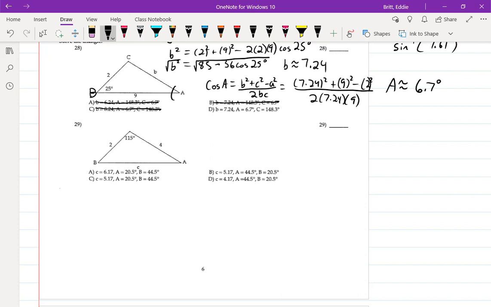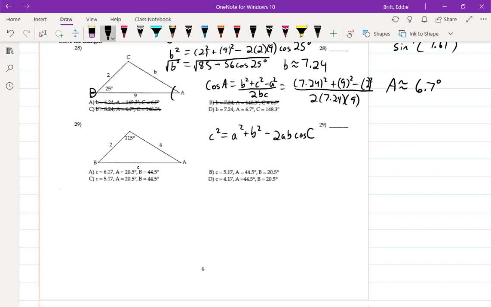So what we want to do is first solve for side C. So C squared is equal to A squared plus B squared minus 2 times A times B times the cosine of angle C.